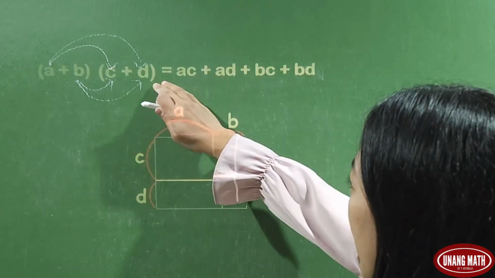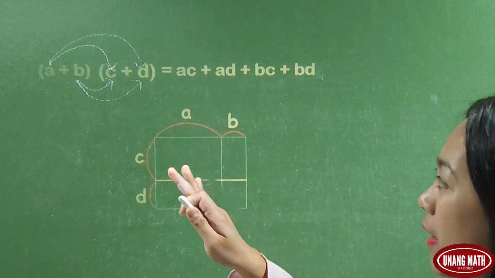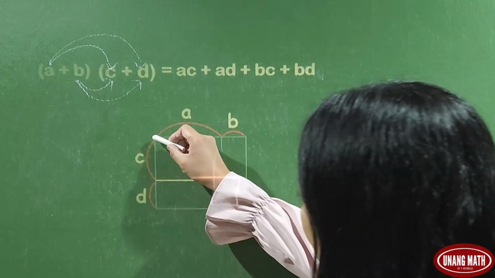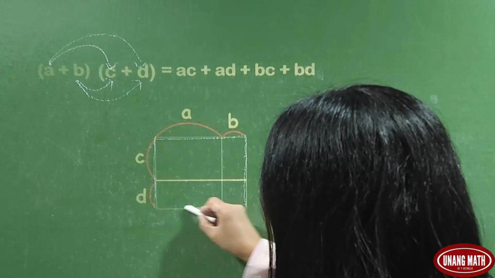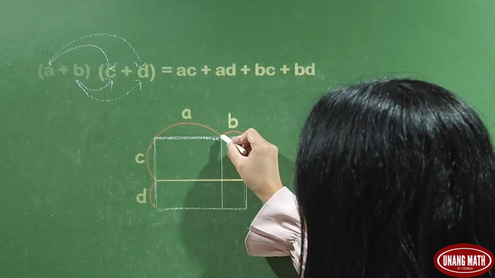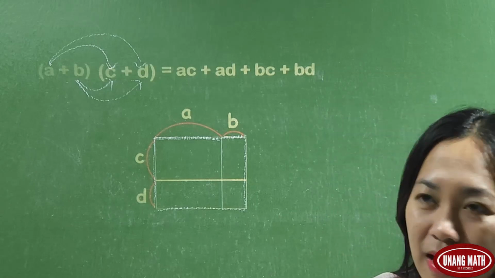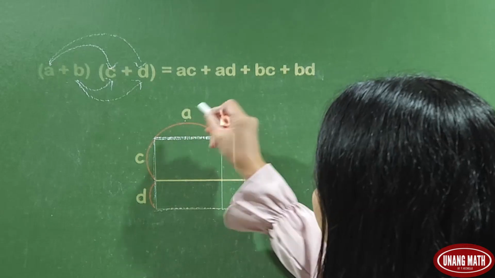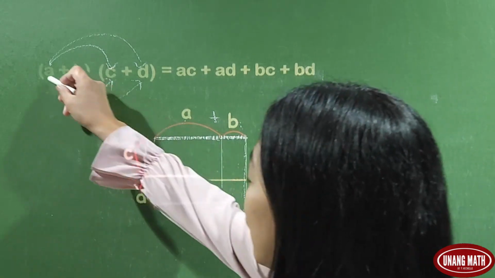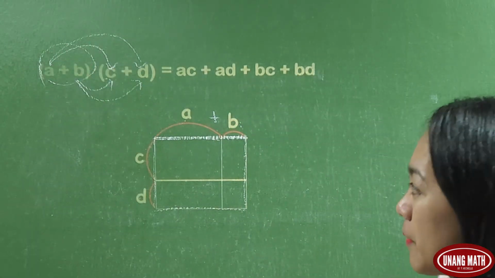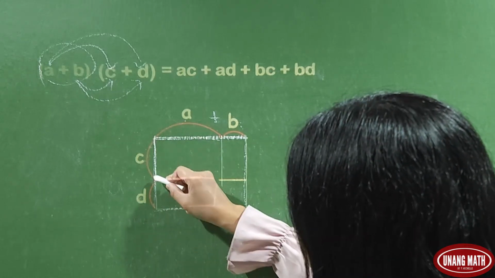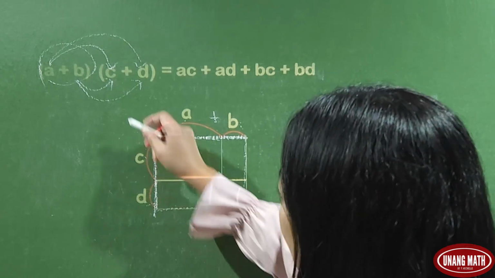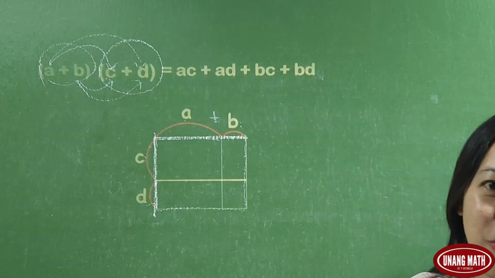Let's prove that this is correct using this rectangle. This side is a and this is b, so this side is a plus b, this polynomial. This side is c and this is d, so this side is c plus d, this polynomial.